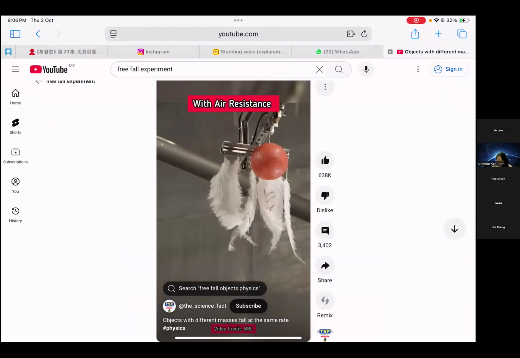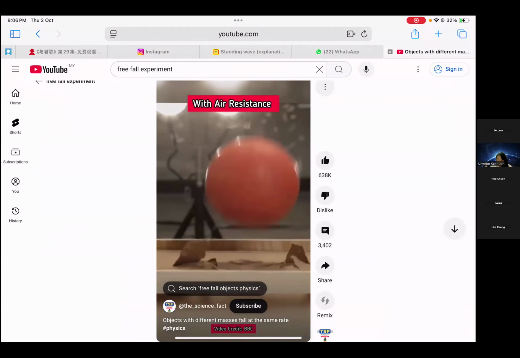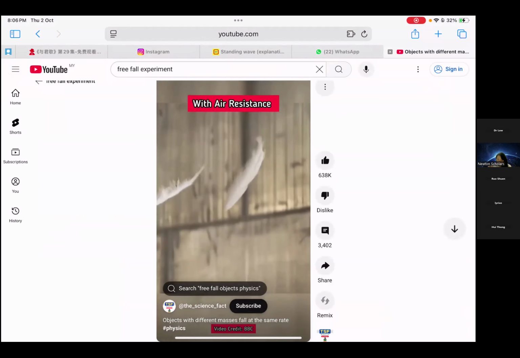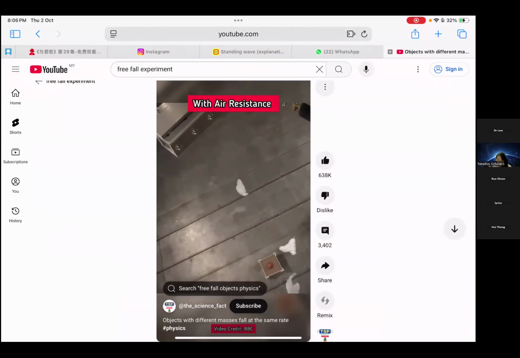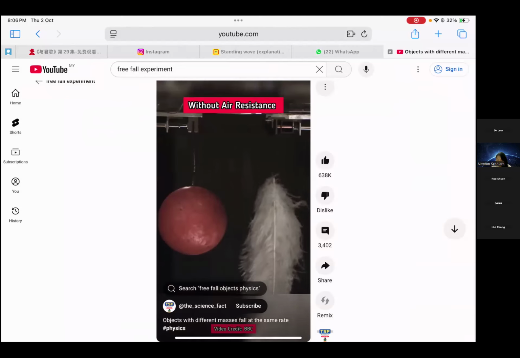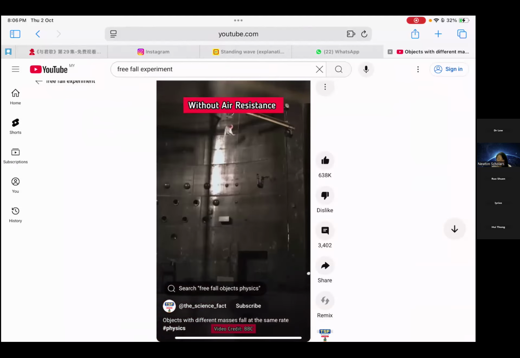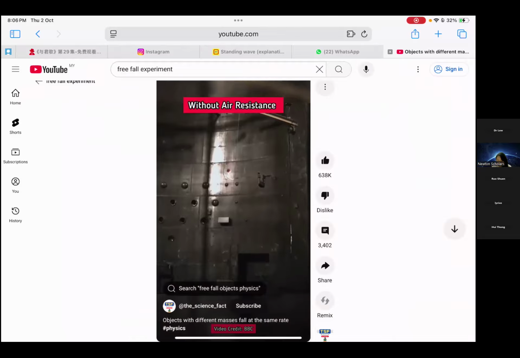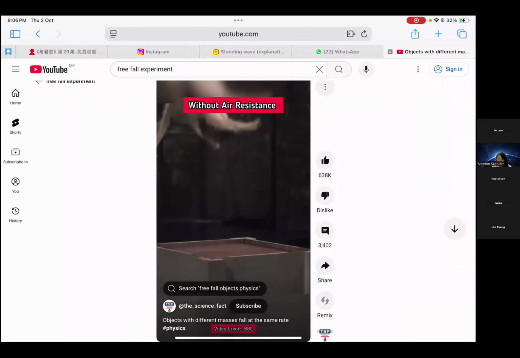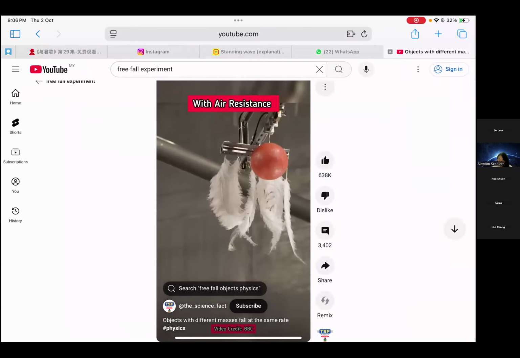Okay, one more time. With air resistance, the ball will drop first. The feather will be later because there is larger air resistance acting on the feather. Without air resistance, no matter what the size, shape or mass, both objects will drop and reach the ground at the same time.